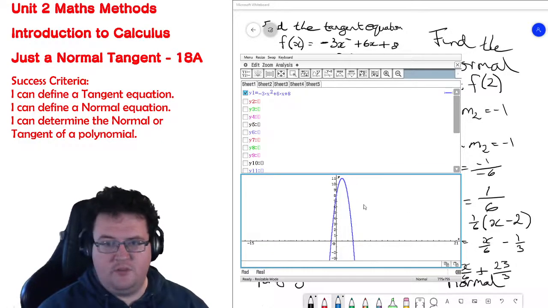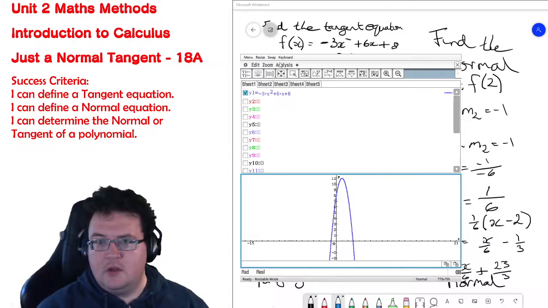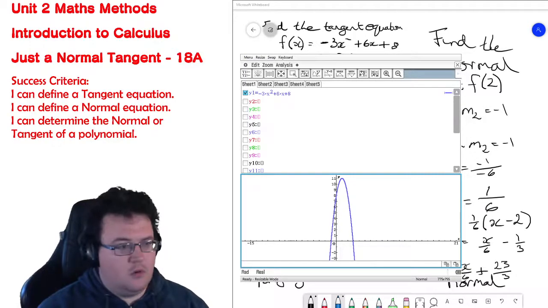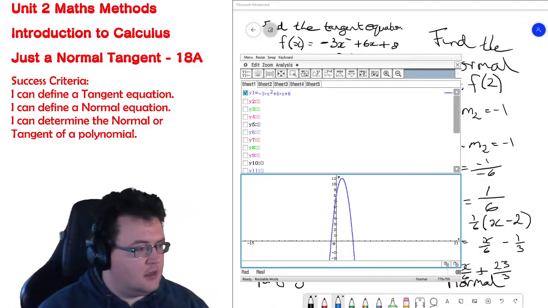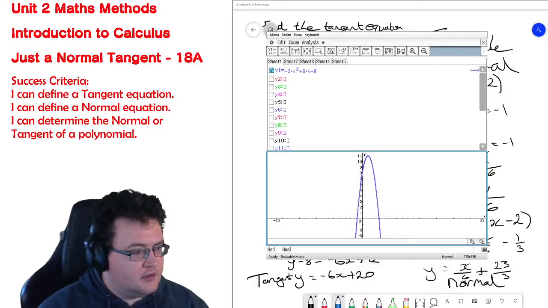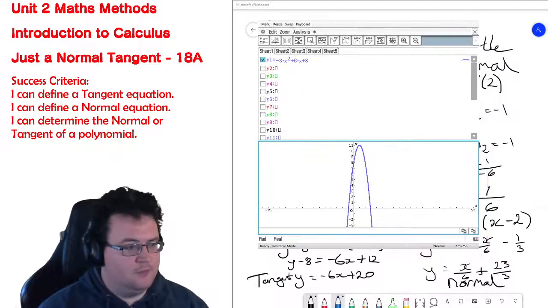All right, it's got a turning point there. Now, on our CAS, I'll move this over just a little bit. So we have our equations down the bottom there. And remember, it's at x equals 2.